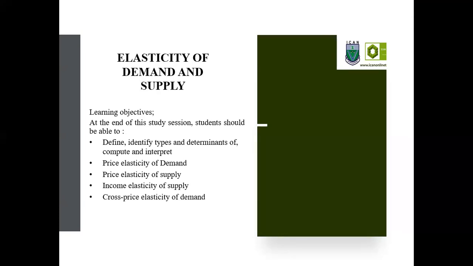And we compute and make an interpretation on elasticity of demand and supply. We'll be looking at price elasticity of demand, price elasticity of supply, income elasticity of supply, then cross price elasticity of demand.